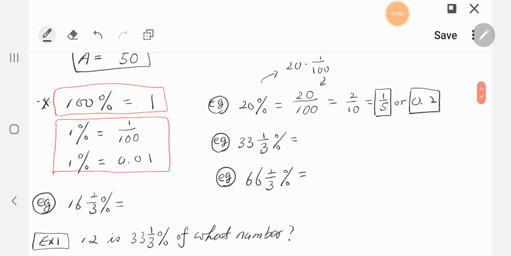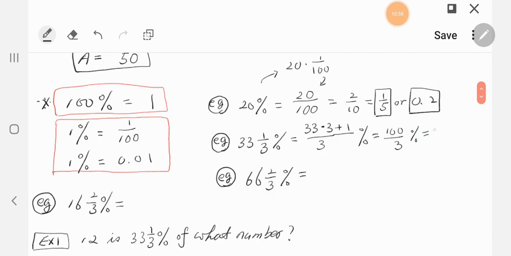All right, how about 33 and 1/3%? First of all, we have to write the mixed number as an improper fraction. So multiply 33 by the denominator 3 and then add the numerator 1 to the result. So that is 100 over 3%.